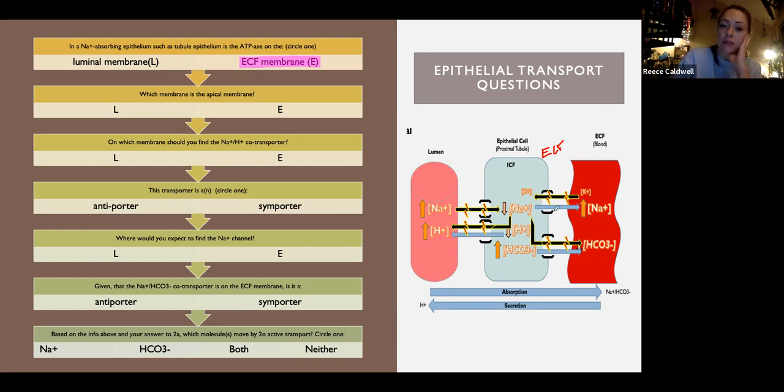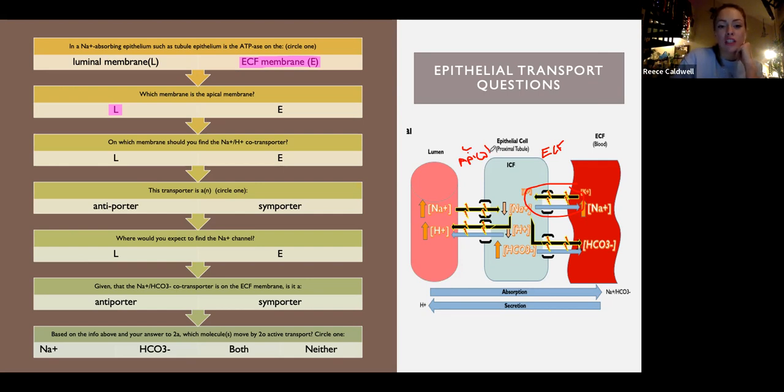And that ATPase subunit is right here on the ECF membrane. Which membrane is the apical membrane? The apical membrane is the luminal membrane. So the luminal membrane is this one right here, and we can also know it as the apical membrane. So luminal and apical membrane are the same thing. Basolateral and extracellular fluid membrane are the same thing.